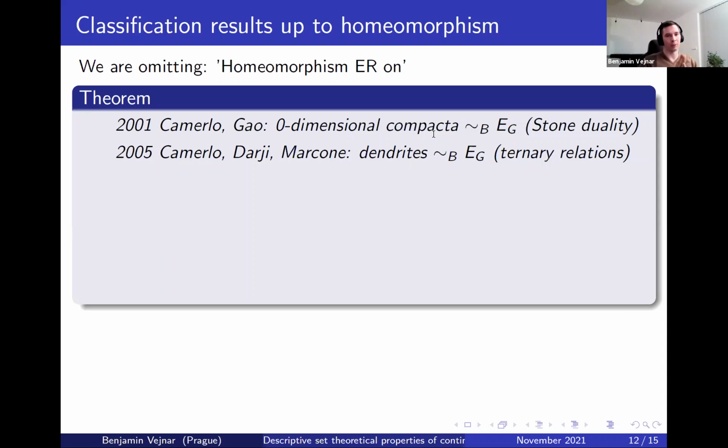And Boolean algebras obtained from metrizable compacta are actually countable, right? Because we have a countable base here. So this is a natural way to obtain a countable structure. So using the result of Friedman and Stanley, we actually get one of the reductions here.